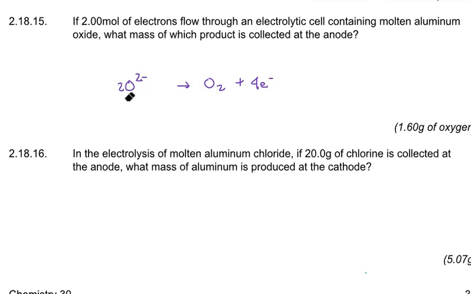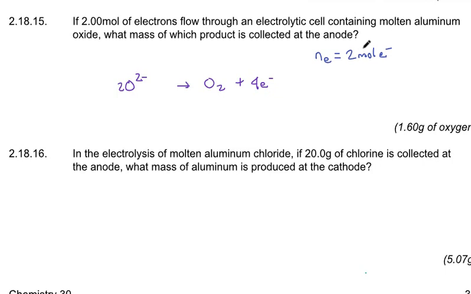We're interested in this. 2 oxide ions can turn into an oxygen atom as long as we rip their electrons off. So the question is, how much oxygen can we make with 2 moles of electrons? Our formula says, if our number of moles of electrons is 2, you know what, we don't even need the formula.